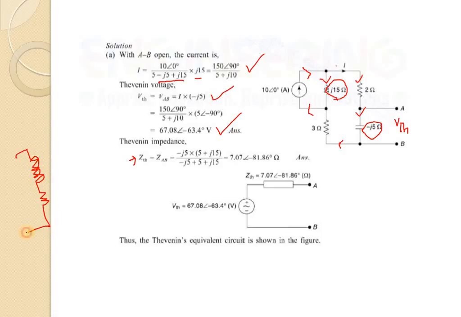This is resistance. This path is open. Now this will come here, and here will be a resistance. There will be XC, and here circuit will be present.